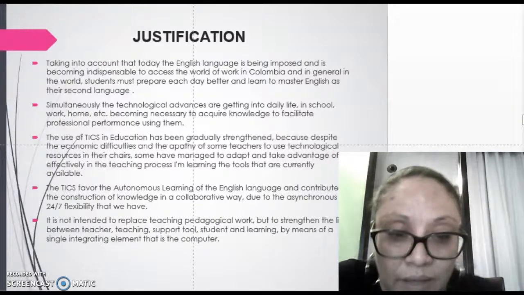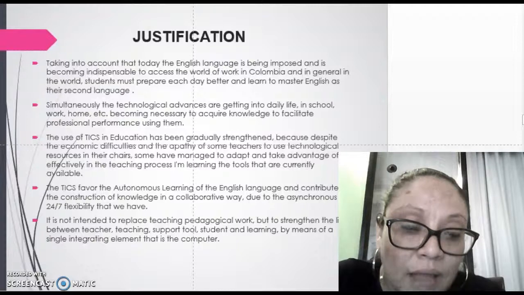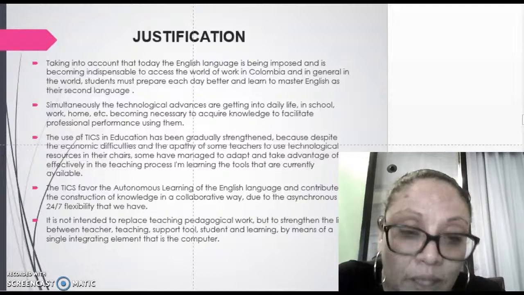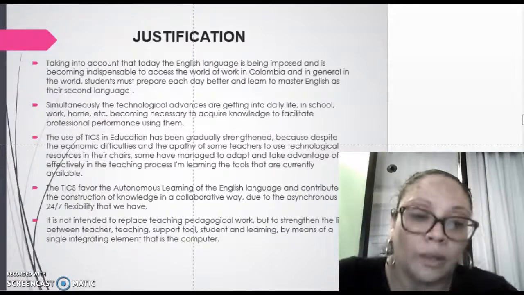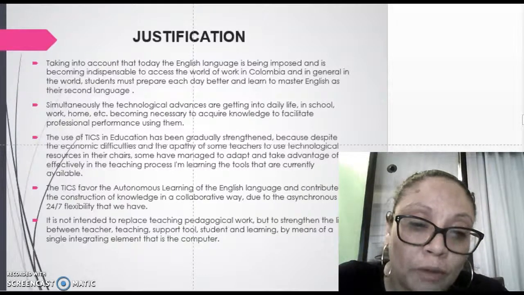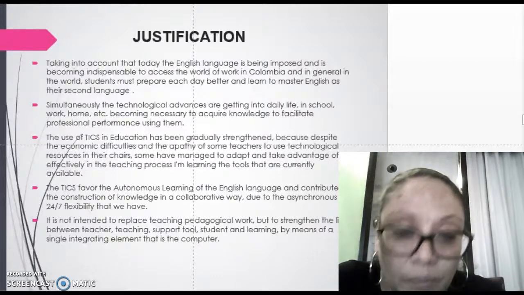Simultaneously, technological advances are getting into daily life in schoolwork, homes, etc., making it necessary to acquire skills and knowledge to facilitate professional performance using them.